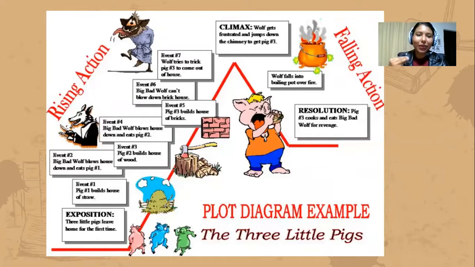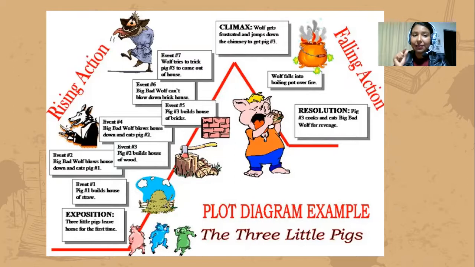The big bad wolf blows the house down and eats the pig. Then we have the third pig. It's wiser, I can say, because it's a house of bricks. That's why the wolf can't blow down the brick house.